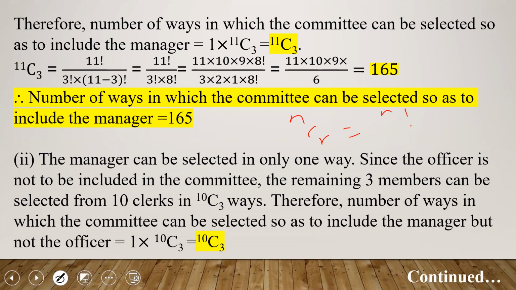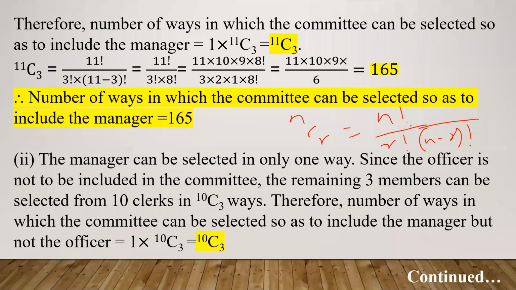It is n factorial divided by r factorial into (n minus r) factorial. So in this problem, n is equal to 11 and r is equal to 3. Correct? 11C3 you are calculating.